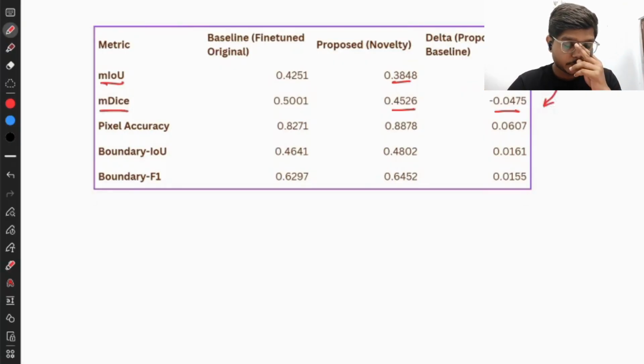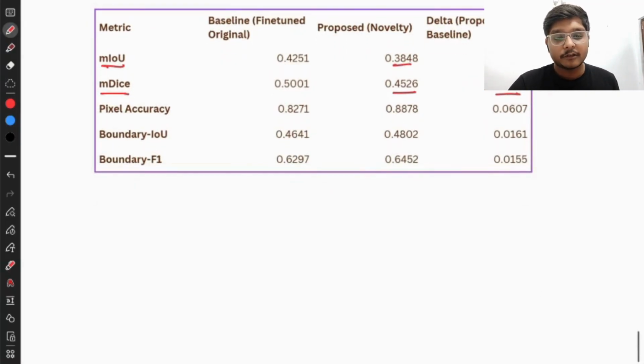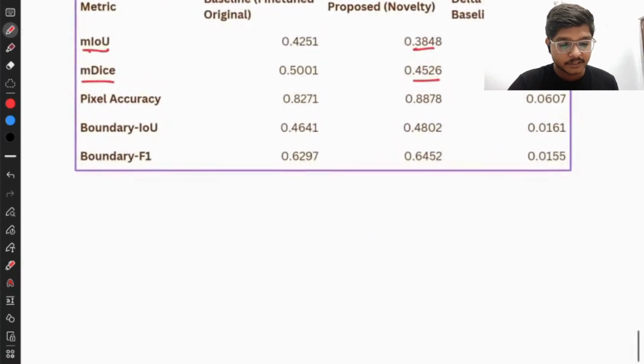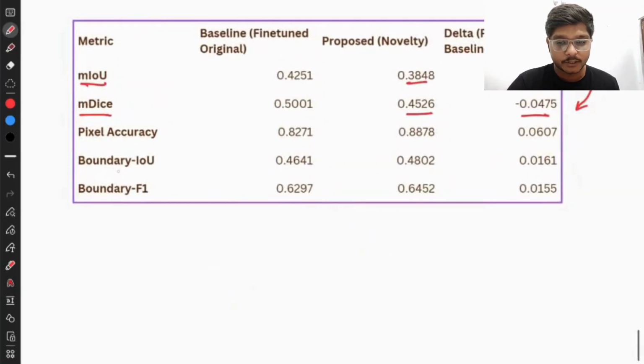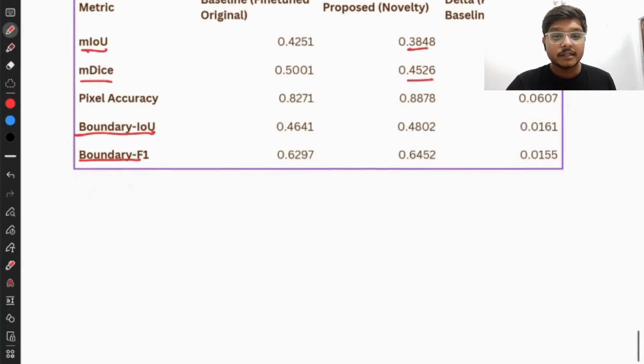So here's the reason for our accuracy drop in our proposed model. But here we have some supporting points for our model. We have improved the boundary IOU and the boundary F1 scores in our proposed model over the baseline. The boundary IOU improved from 0.4641 to 0.4802, and the boundary F1 improved from 0.6297 to 0.6452, which is a plus 0.0155 delta.